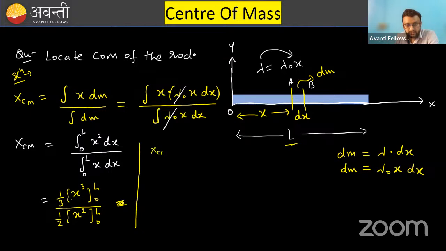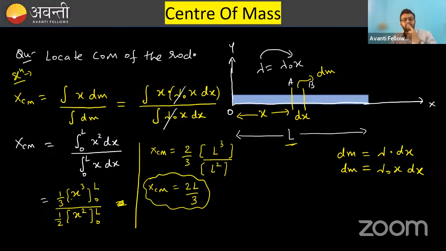Can you see this 2 will go up? So it will be 2 by 3. If you put the limit, it will be L cube and L square. So the x coordinate of center of mass will be 2L by 3.